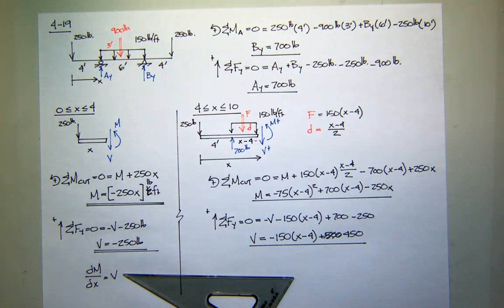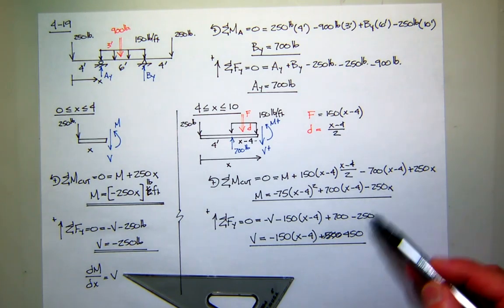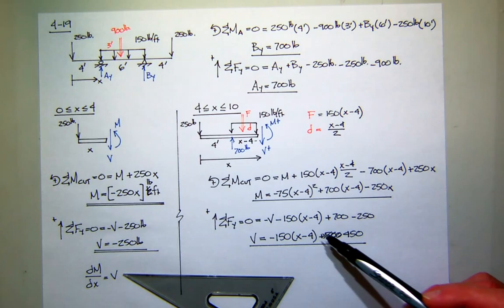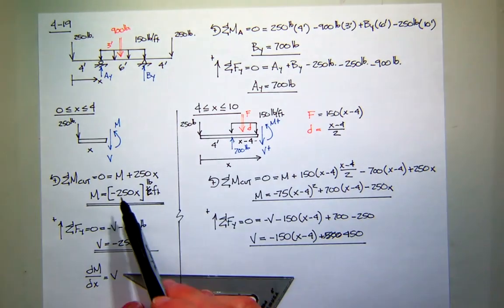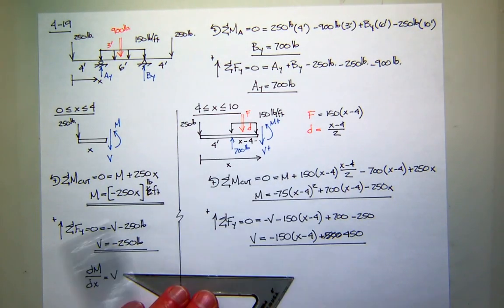But how could you check that this is working? See if that's the derivative. You could take the derivative of this and check the moment. That would take some time to do. What's the other thing you could check? Well, these two things here, moment at 4 here and moment at 4 here, should be the same. Right? Yes.